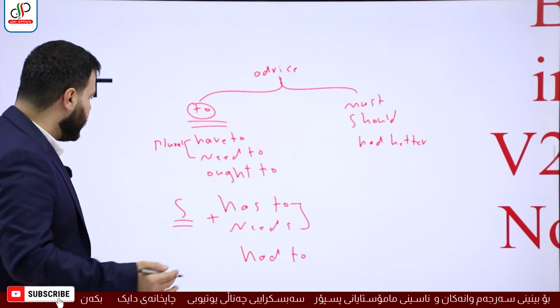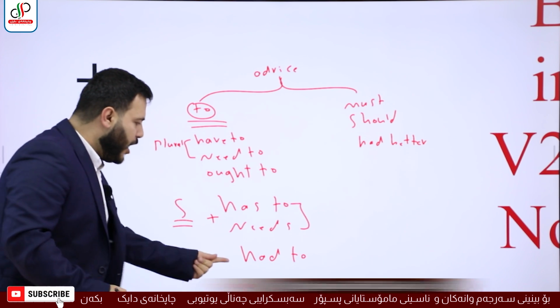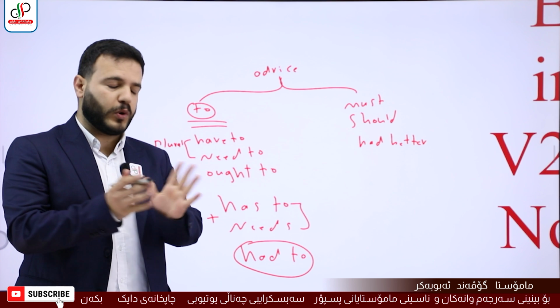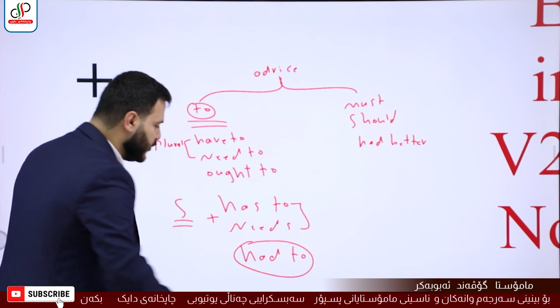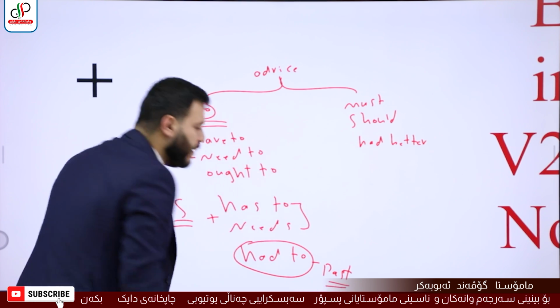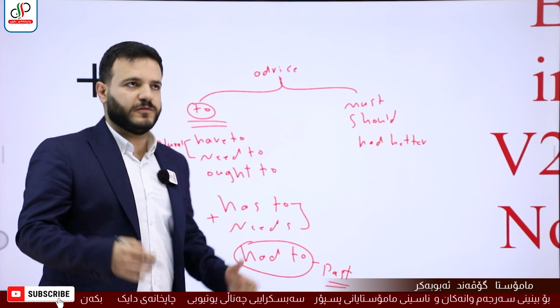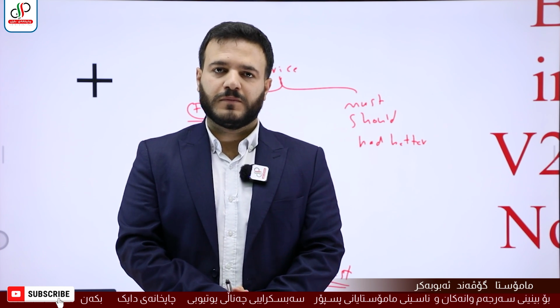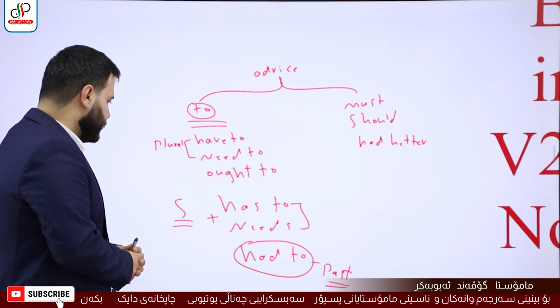We use them for singular nouns. And how about had to? However, we don't have any questions on it in ministerial questions, but we use had to for the past form, for the past simple. For example, you would say, I had to study for my exam. That's why I failed.